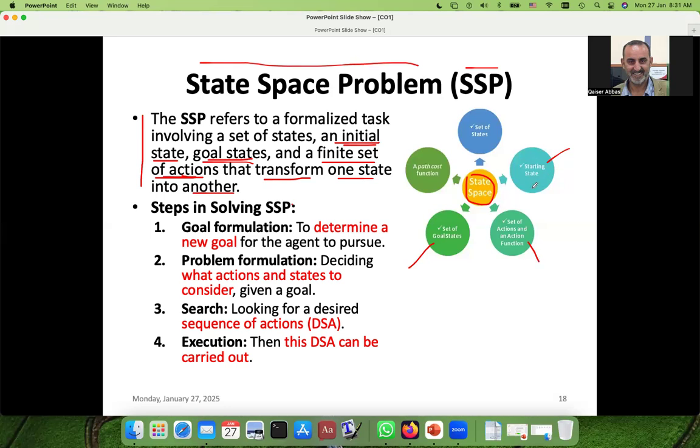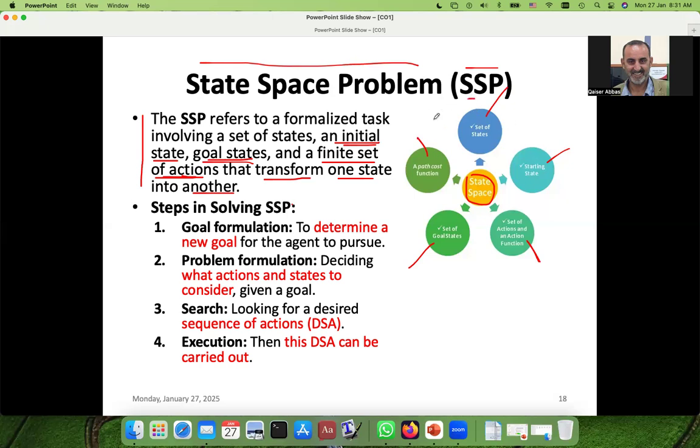So shortly, you have a start state, an end state or goal state, a set of actions, and a set of different states between the initial and the final. And when you move from one state to another state by applying some function, it will cost you. That's why you will have a path cost. Path cost means when you move from one state to another one, what cost will occur there.